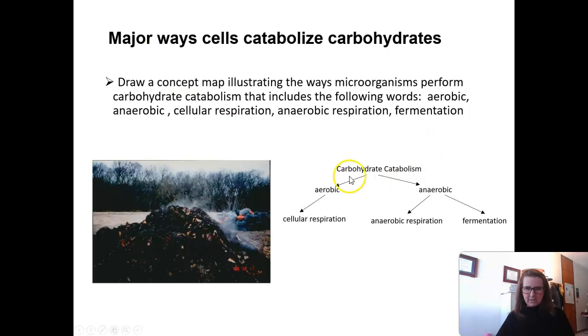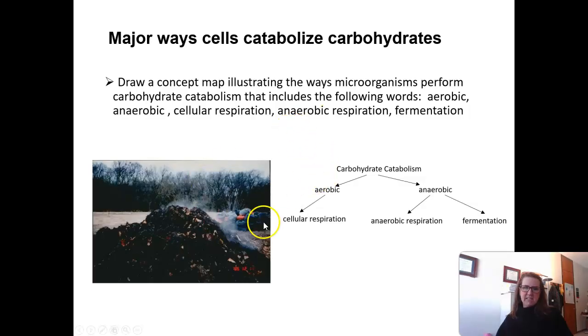All right, so let's take a look at the concept map. Carbohydrate catabolism can occur in the presence of oxygen, and we're usually thinking a lot of oxygen. For those of us animals, we are aerobic creatures, and certainly there are many microbes that prefer an aerobic environment.